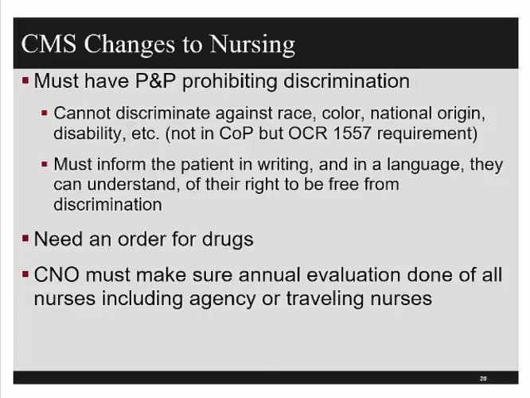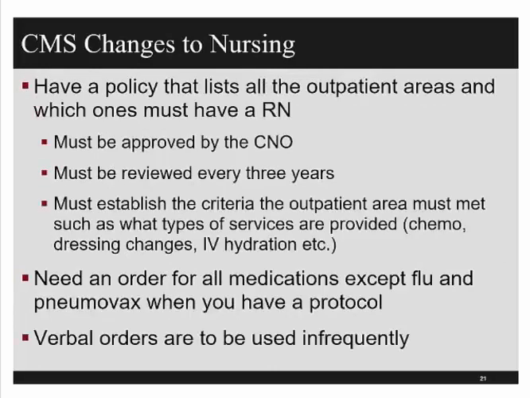Talks about an order for drugs. And then again, the annual evaluation. Not just your established, employed nurses, but agency and traveling nurses. They have to have a policy that lists patients that must have an RN, and an order for medications. We talked about that, except, of course, flu and pneumovax, and how verbal orders are to be used infrequently.